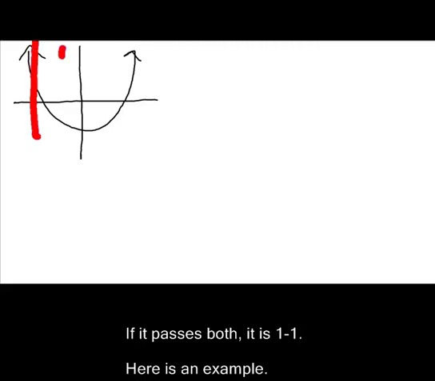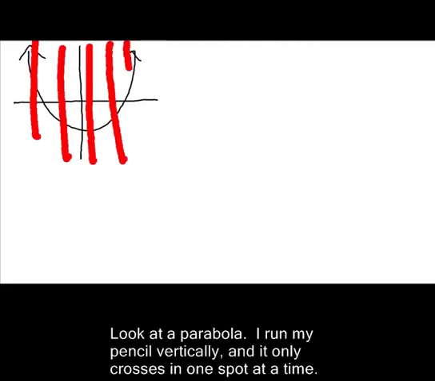Let's take a parabola, for instance. We already said that a parabola was a function, because if I take my pencil and I run it across the parabola, it only crosses in one spot at a time if I do this vertically.